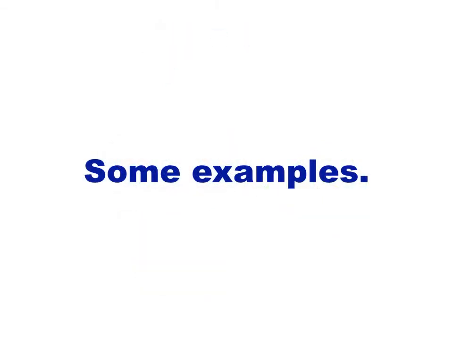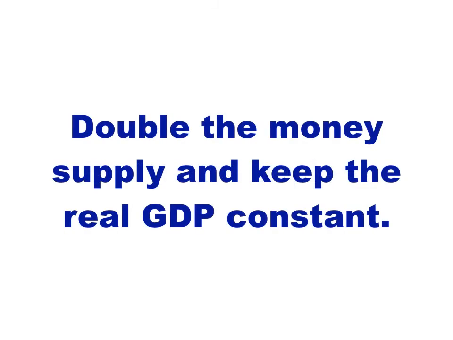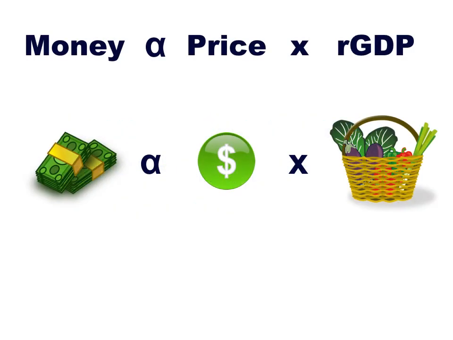So let's take a look at some examples. Start with some simple ones. I'm going to double the money supply and keep the real GDP constant. What happens?